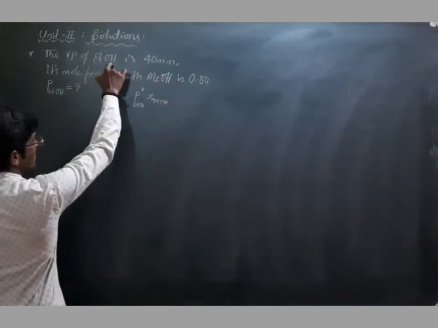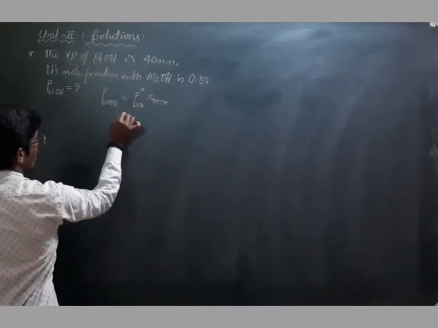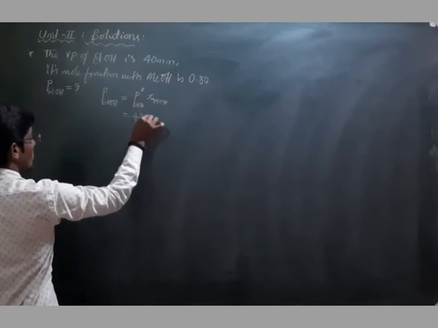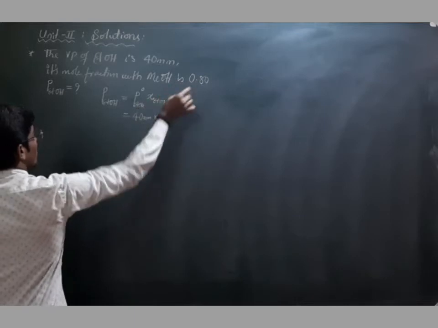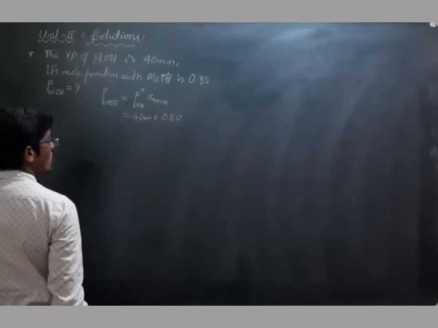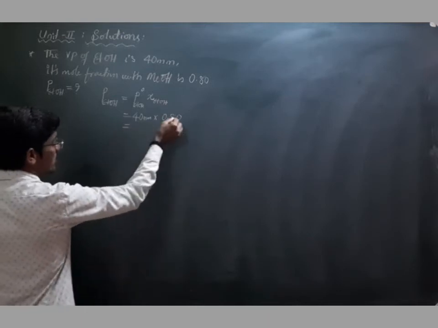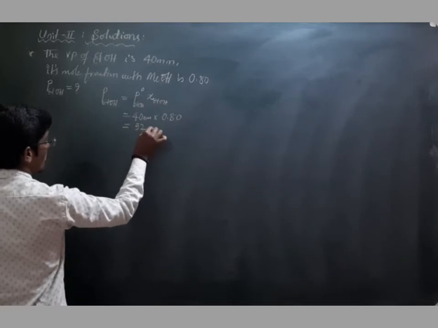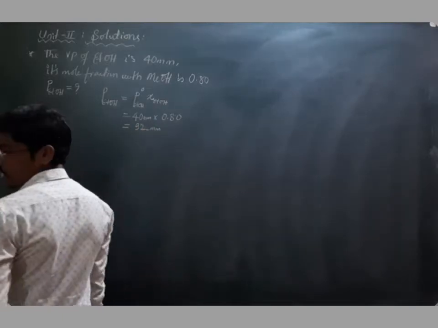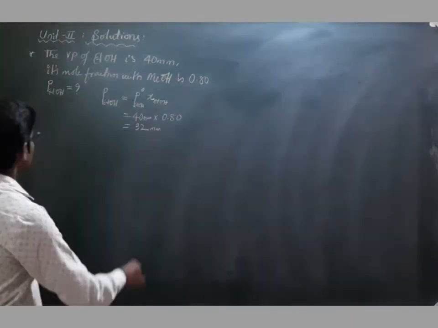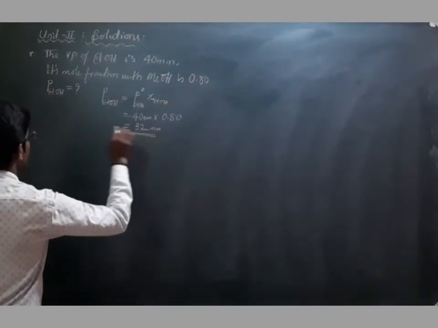Vapor pressure of pure ethanol is 40 mmHg, into its mole fraction, 0.80. When multiplied, it becomes 32 mmHg. So this is the first question, and 32 mmHg is the answer.